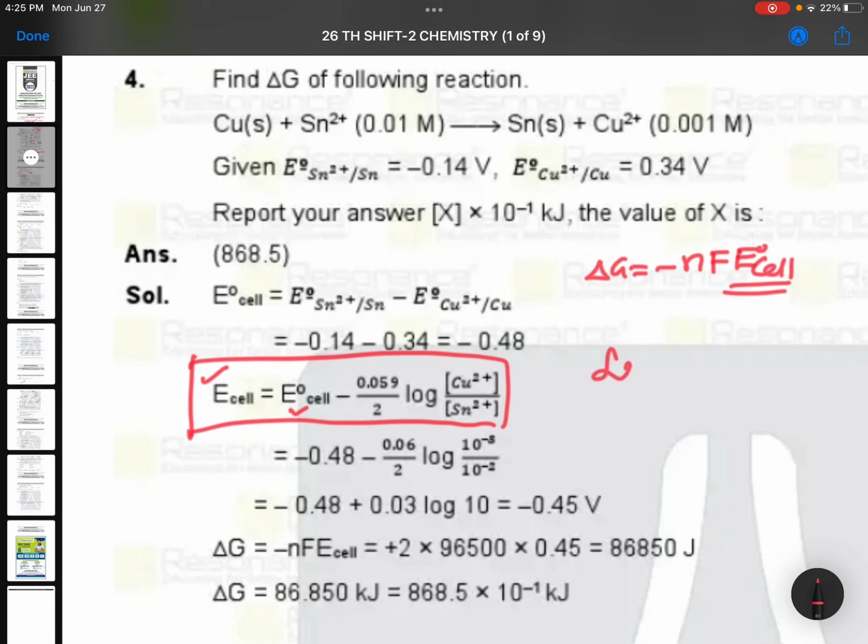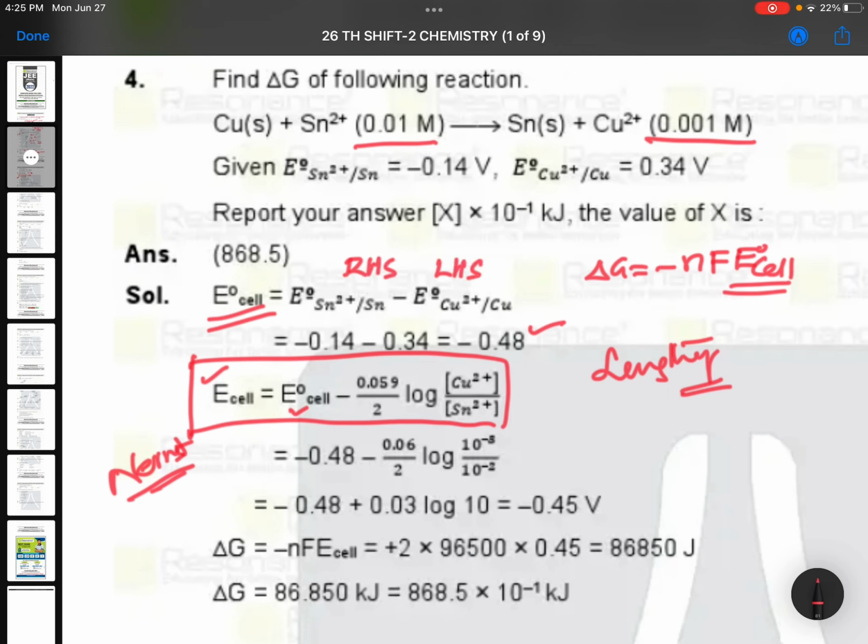This is a little bit lengthy question, because here concentrations are given different, 0.01, 0.001. So first you need to apply the Nernst equation. First you find out the standard E naught cell, that is RHS minus LHS, right hand side minus left hand side. Then apply here and find the E value.